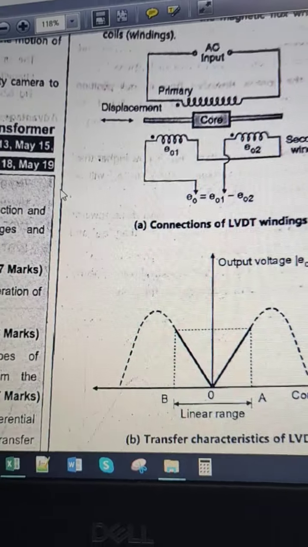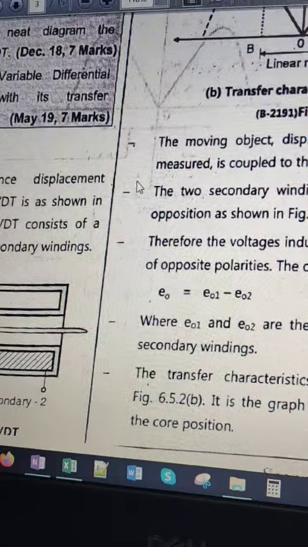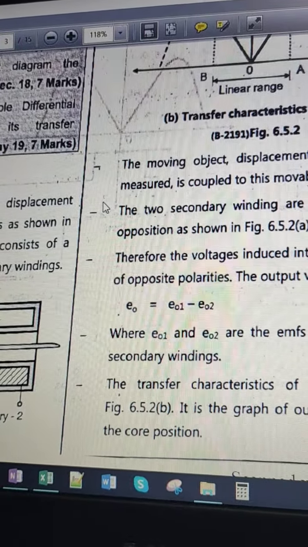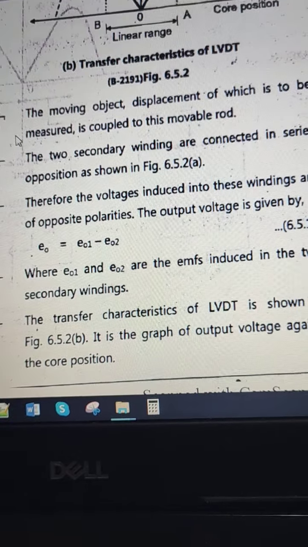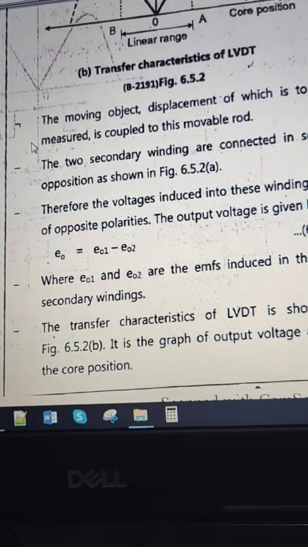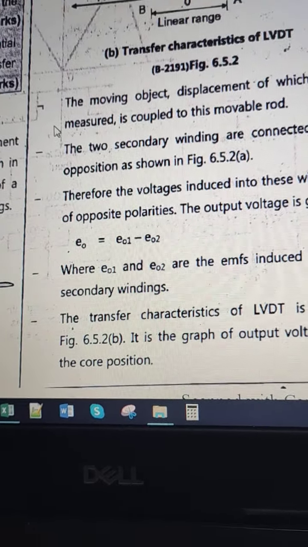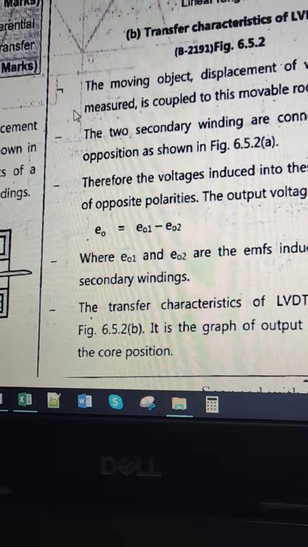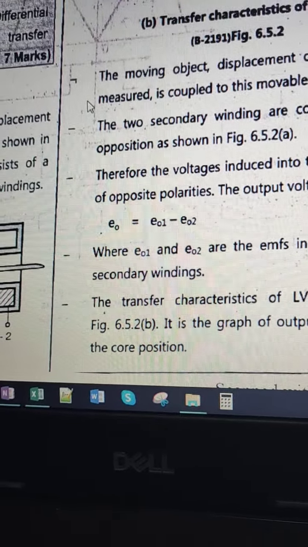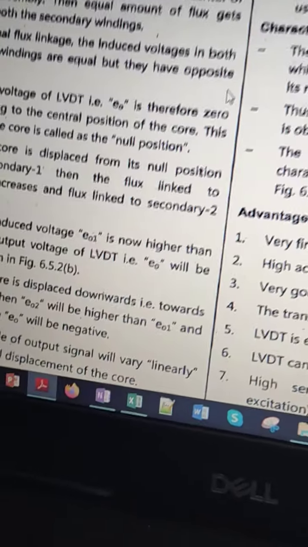The two secondary windings are connected in series opposition, so the voltages induced in these two windings are of opposite polarities, and we get E0 equal to E01 minus E02, where E01 and E02 are the voltages induced in the secondary windings. This graph shows core position versus LVDT output.